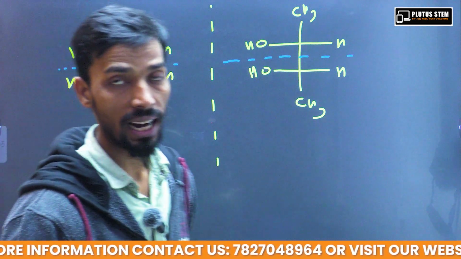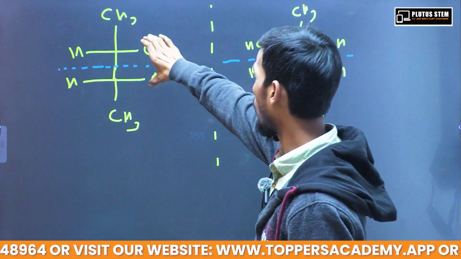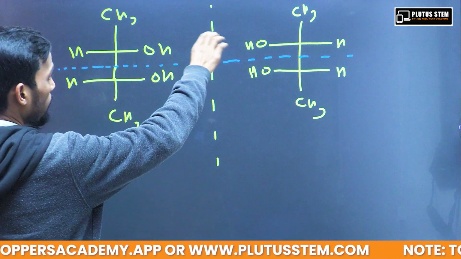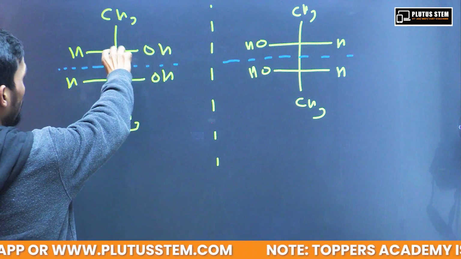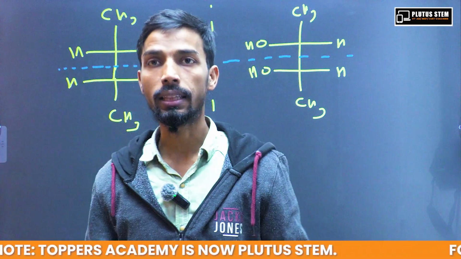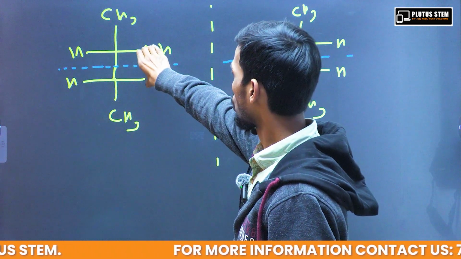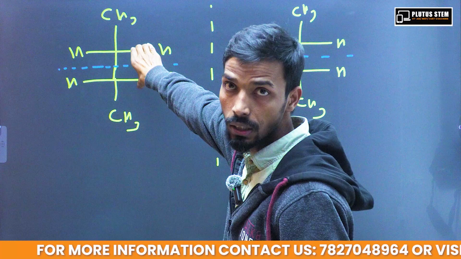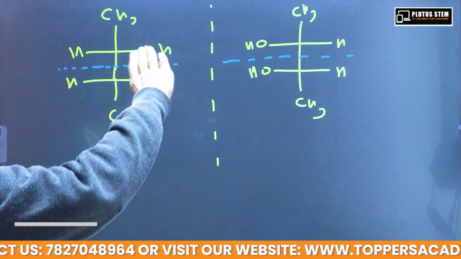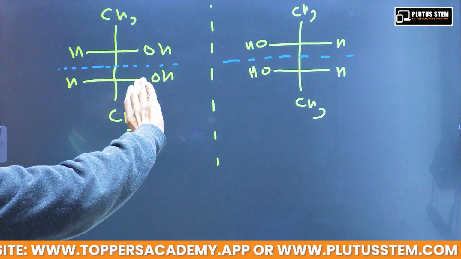If such a situation arises, that sigma is present, what we are doing over here is taking a compound like this and just rotating it by 180 degrees, because these OH are upside, and this CH3 is below the side, and this CH3 is below the side. So we are rotating the CH3 like this 180 degrees. You can visualize it like this. So both CH3 are below the plane, and they are rotating like this.